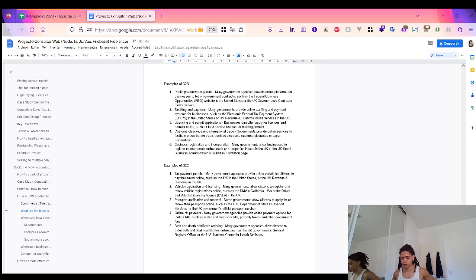Government agencies provide online platforms for businesses to bid on government contracts, such as the Federal Business Opportunity, the FBO, in the United States, and the UK Government Contract Finder Service.